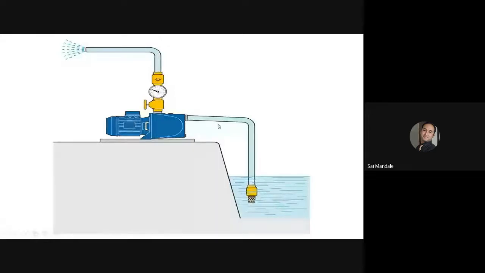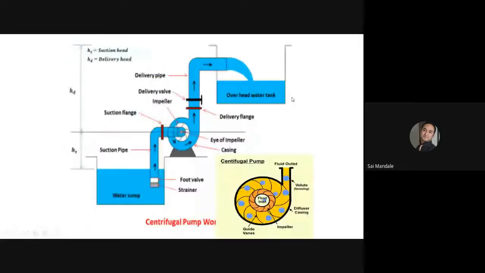Those who belong to farmer families are very much aware of such setups. This type of arrangement is done for the centrifugal pump. This is the low head, this is the high head, so the total head will be the difference between these. This is an overview of the arrangement for the centrifugal pump water lifting system. Okay, how does it actually work?